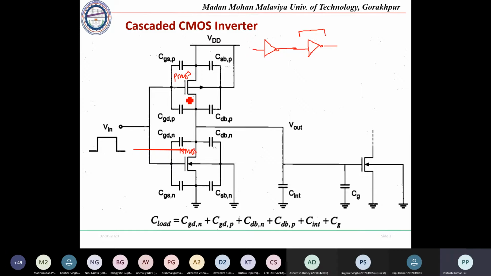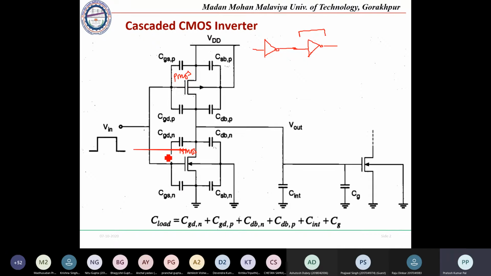While discussing the capacitance of an MOS device or any MOSFET, we have seen different types of capacitances. Suppose this is the PMOS and this one is the NMOS. In the NMOS, one will be CGS, where N stands for NMOS. This is the capacitor associated with the gate to source terminal of this NMOS.